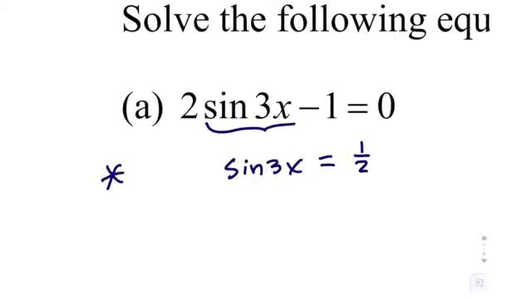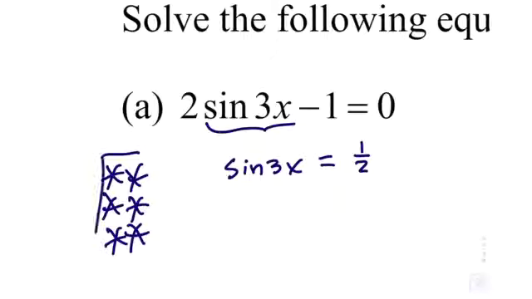Now, here is a very important thing I'm going to tell you regarding these types of problems. You do not, I repeat, you do not have to get 3x down to single x in order to solve this. We've already isolated it. You can solve it as long as you can isolate the trig function.